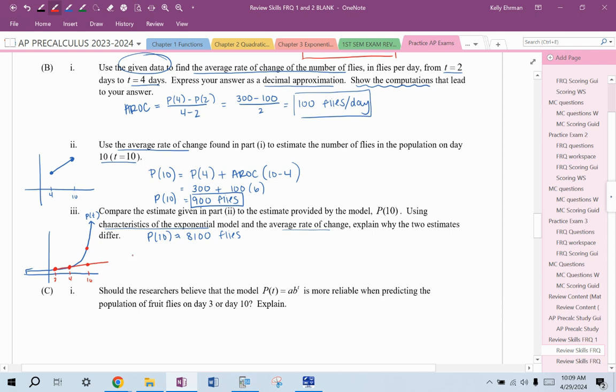I would sketch this graph, and I would say for t values greater than or equal to 10, because we're looking at 10 here, the P of t exponential model increases faster than the line between t equals 2 and t equals 4.